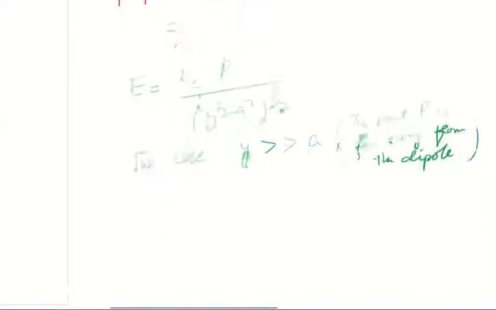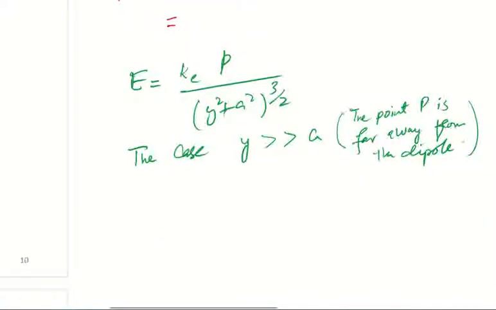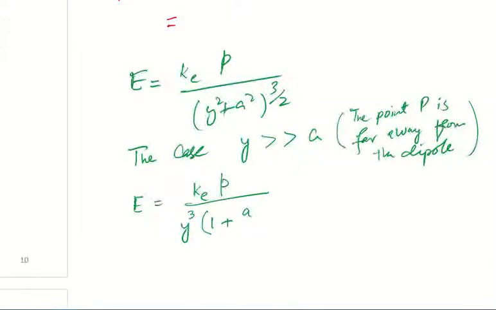So what we do, we take y common out of this fraction. So we have E equals ke times P, and if we take common, we are actually getting y cubed out, not y square or y3. So we get y cubed out, and we are left with 1 plus a square over y square raised to the power 3 half.